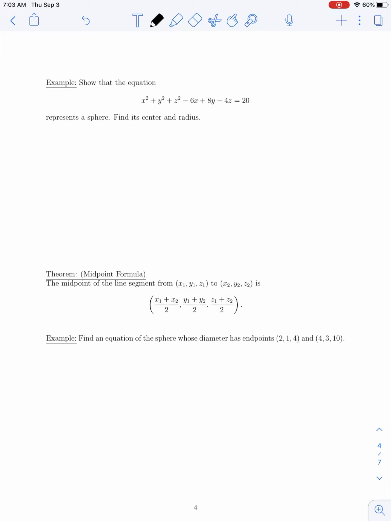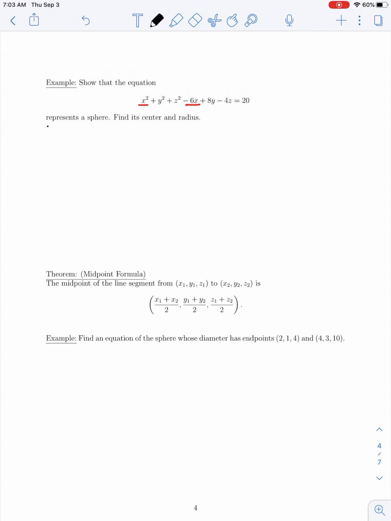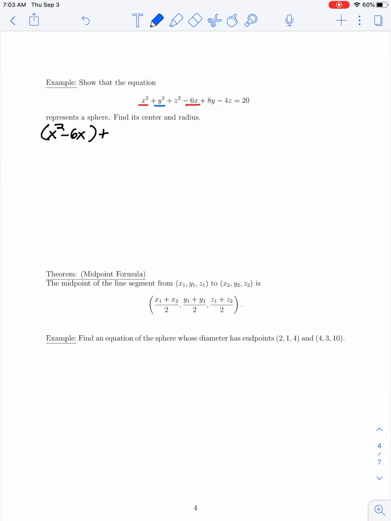So let's start here by grouping our x, y, and z variables together. So grouping the terms involving x, on this left-hand side, I would have an x squared minus 6x. Now, to that, I'm adding, let's group my y terms.